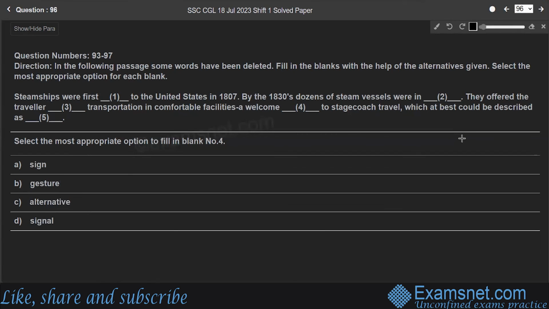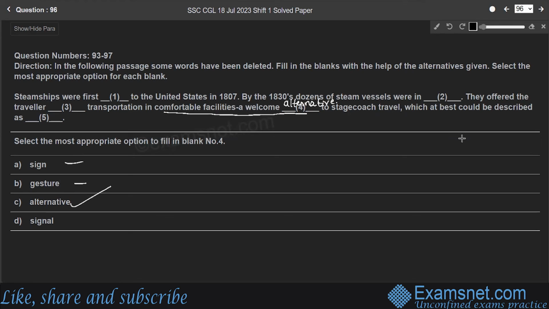Question 96. In comfortable facilities, a welcome dash to stagecoach travel, right? A welcome alternative to stagecoach travel. Here the word alternative is more suitable than any other remaining option.